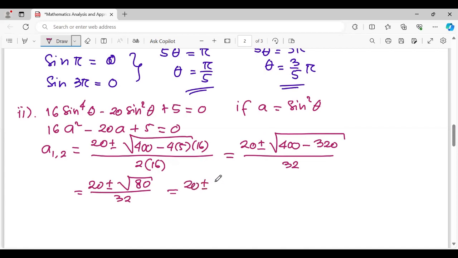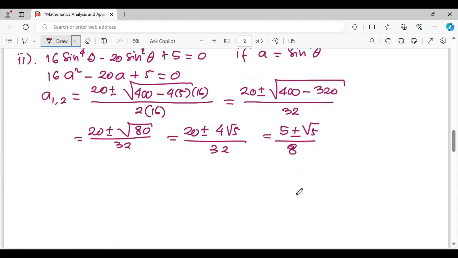This is 16 times 5, so the square root is 4 root 5, over 32. Divided by 4, it becomes 5 plus or minus root 5 over 8.